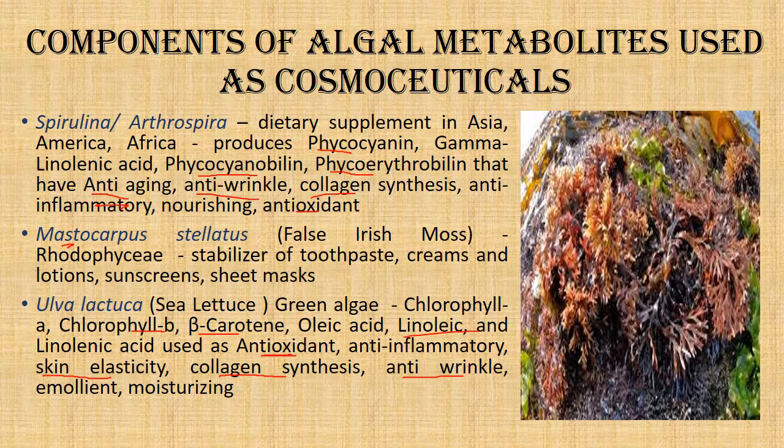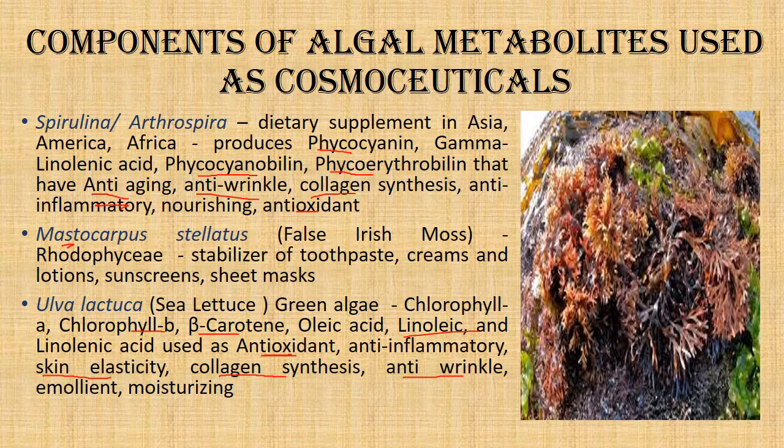NASA has been using it under the project MELISSA, that is Micro-Ecological Life Support System Alternative. And ESA has been using it under a project called CELSS, that is Controlled Ecological Life Support System.